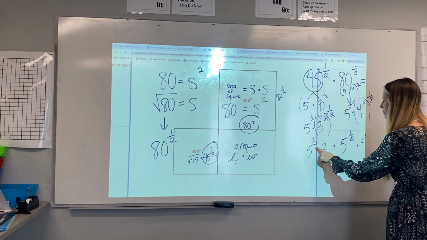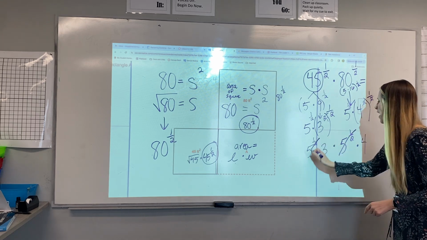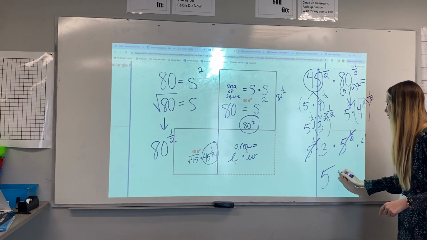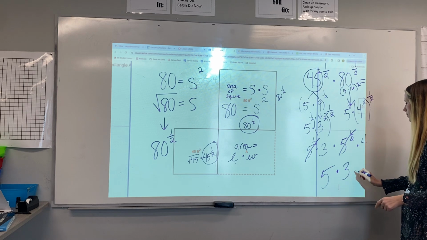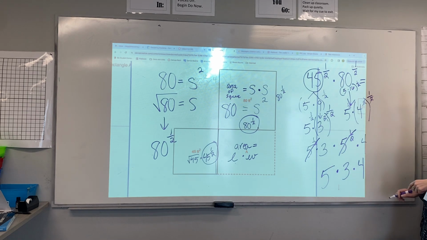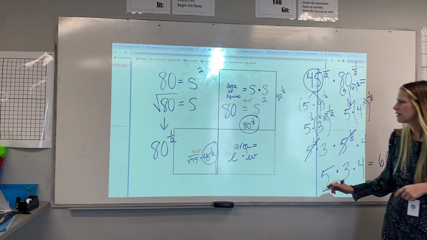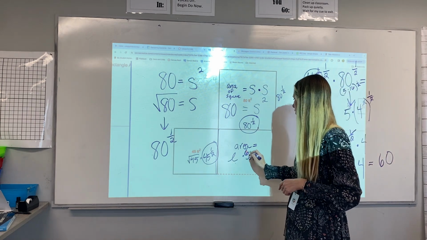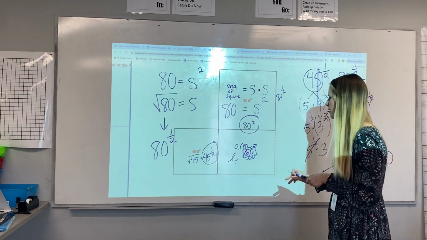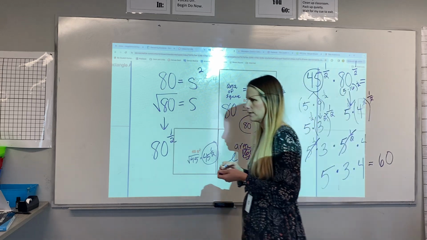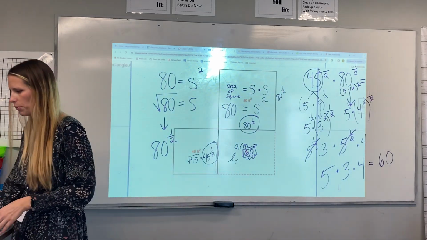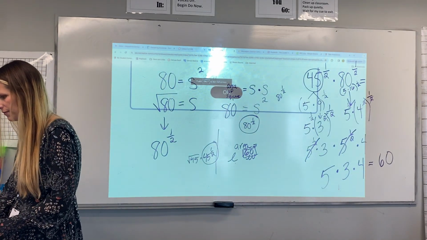So 5 to the 1/2 times 5 to the 1/2 is 5. Times 3 times 4. So that would be 15 times 4, which is 60. So this is 60 feet squared. I hope and pray that it is. Yeah, it is.